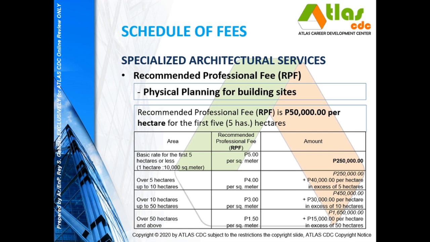So for the first 5 hectares the professional fee will be at 250,000. Now, over the 5 hectares, the RPF will go lower.